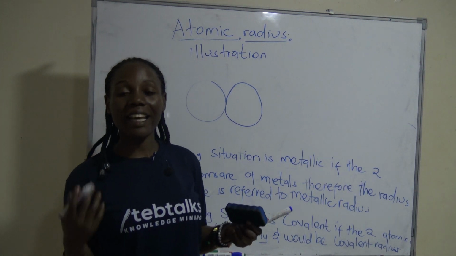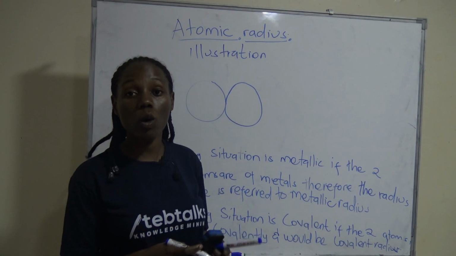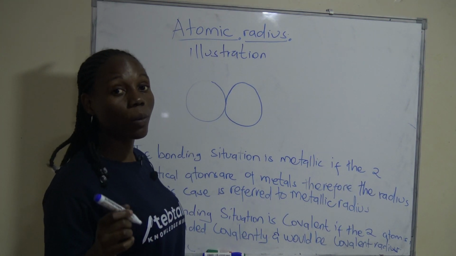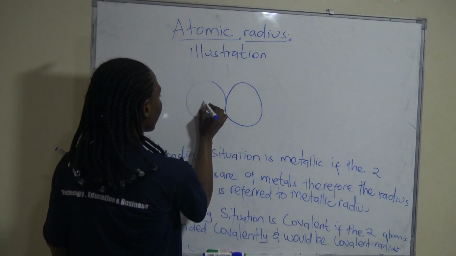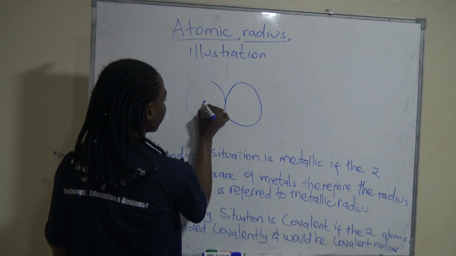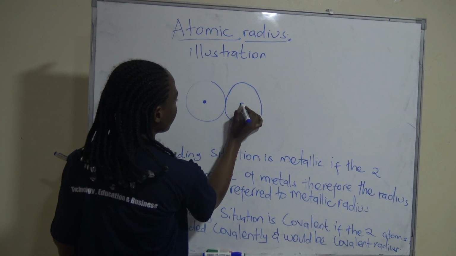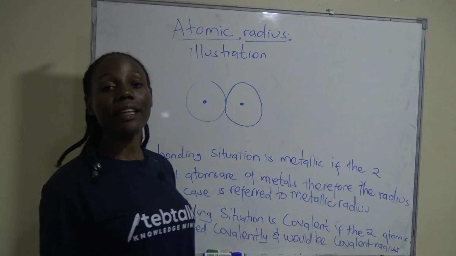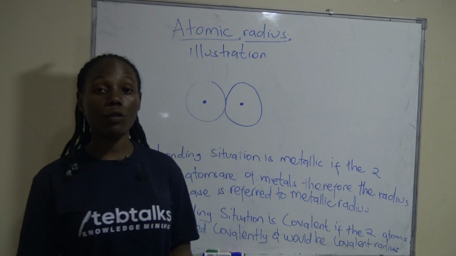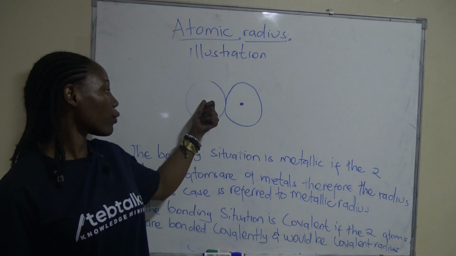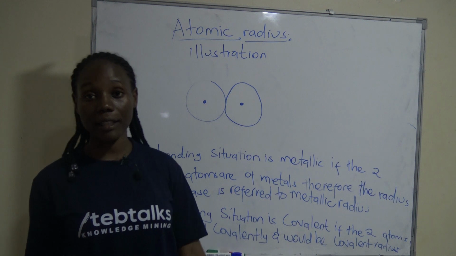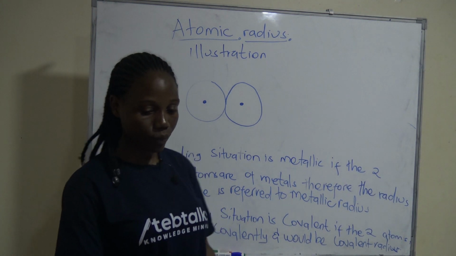And we are saying that an atom has a center called a nucleus. And atomic radius is the distance of closest approach of the nuclei of two identical atoms.